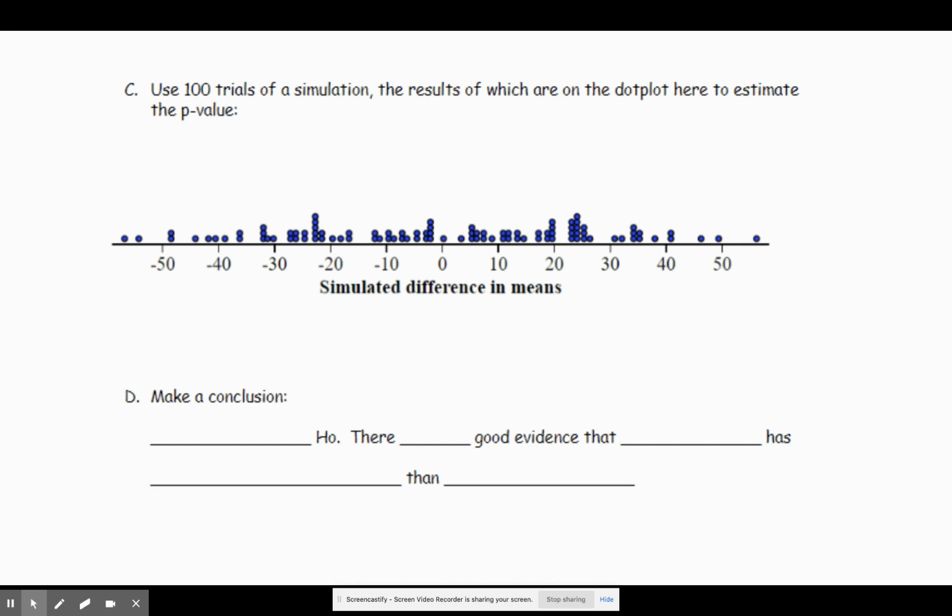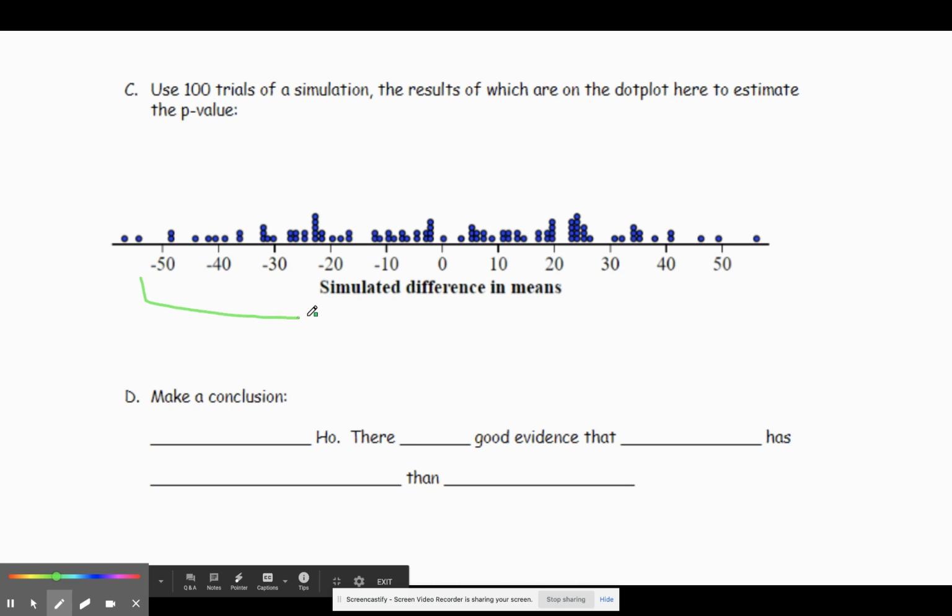Now, I already ran a simulation for you, and notice that the dot plot here that shows our results says simulated differences in means. What that does is it takes all of the data between the two lists, scrambles it up, and recalculates the mean difference. And notice that in some of the cases, like over here, our mean difference was negative.